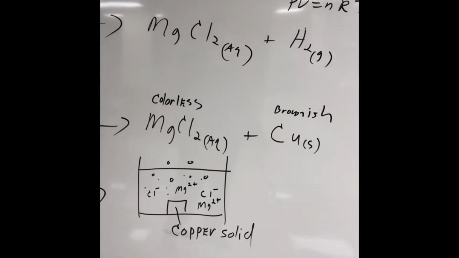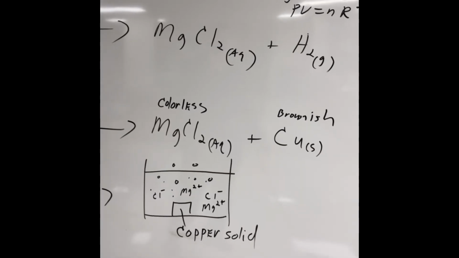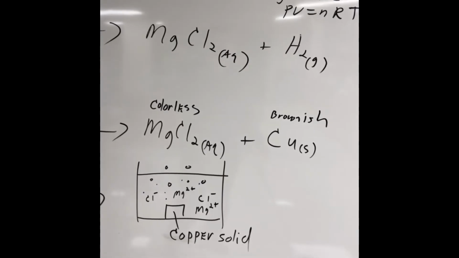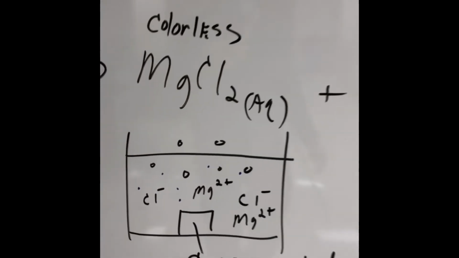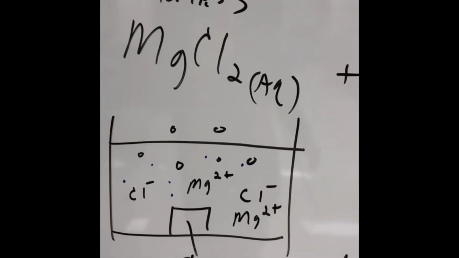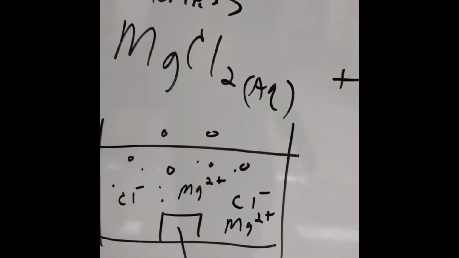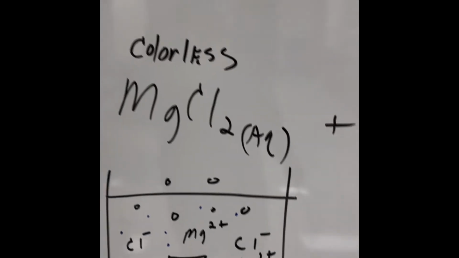But we're also seeing these bubbles, which are hydrogen gas bubbles. And notice we have the spectator ions now. The spectator ion is going to be Cl minus actually. And the Mg double positive is not a spectator ion. That's actually one of the products of the reaction.